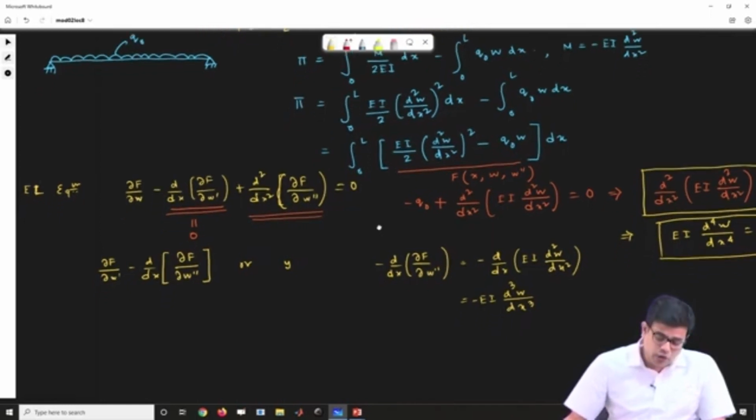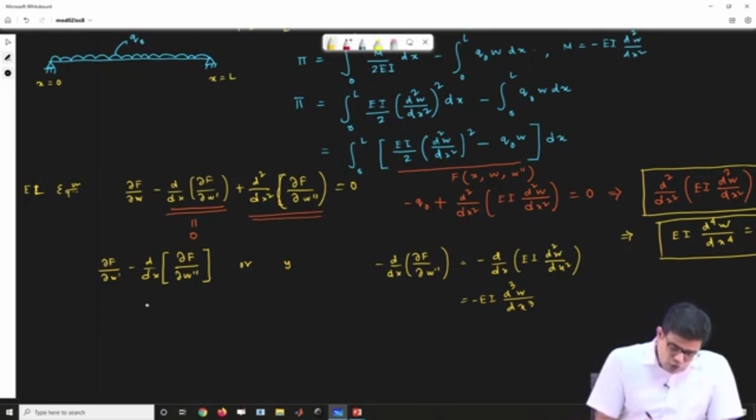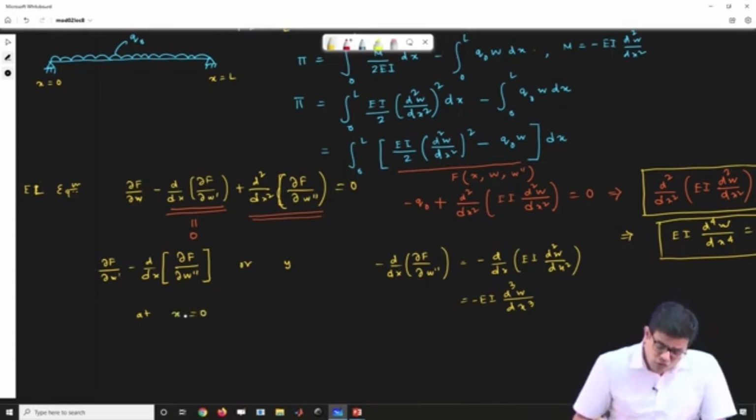Now let us modify this for this beam. This is x equals 0, and this is x equals L. At x equals 0, what should be the boundary condition?